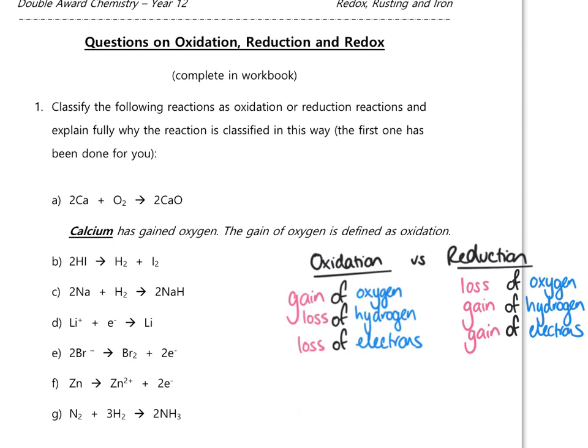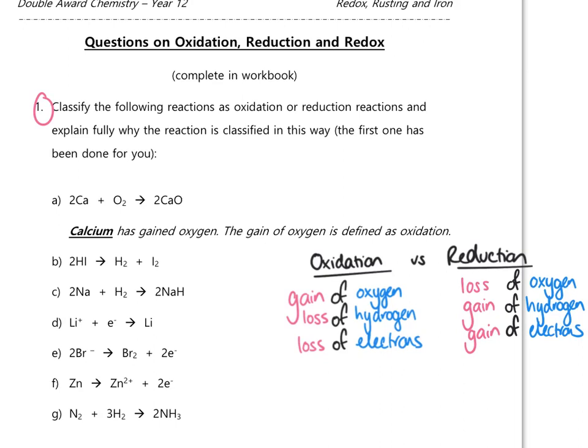So what I'd like to do is turn to page 14, in your workbook or on a separate page if you want to keep this separate, and maybe in a folder for your year 12 work, that might be a good idea. I want you just to complete question 1 for now, and then we'll do a little bit more, and then you can complete the rest of these questions, and that'll finish the first section of this topic.